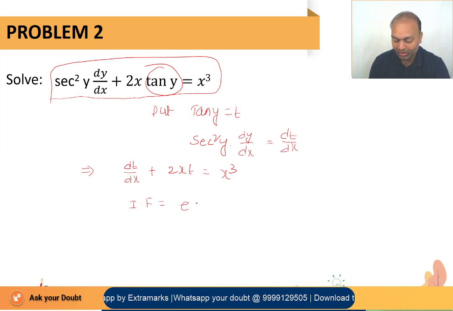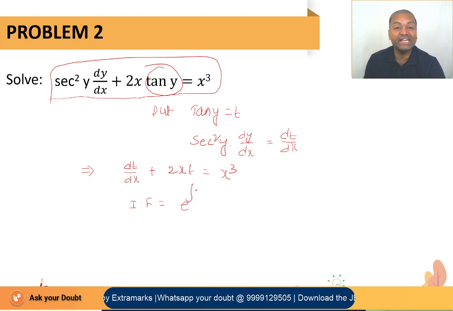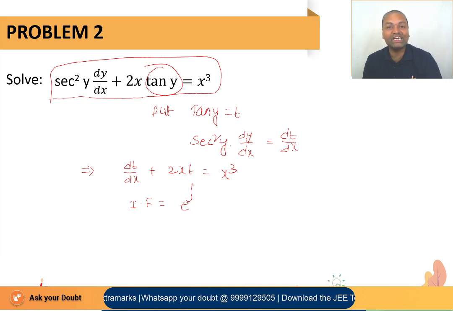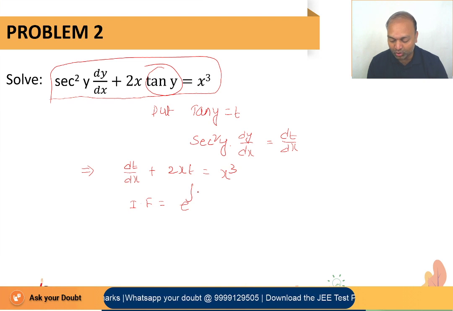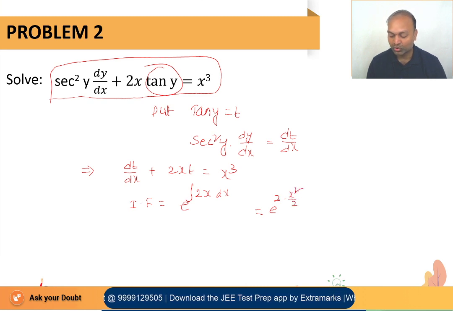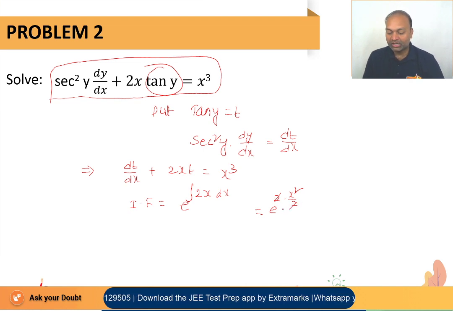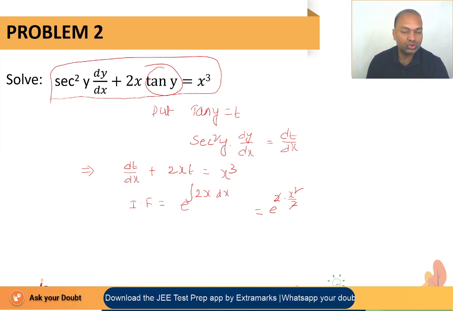E power integral p dx. P means what? t coefficient. t coefficient is what? 2x. That is equal to e power 2 into x integration. X integration is x square by 2. 2 cancels. Correct or not? So the integrating factor answer is e power x square.